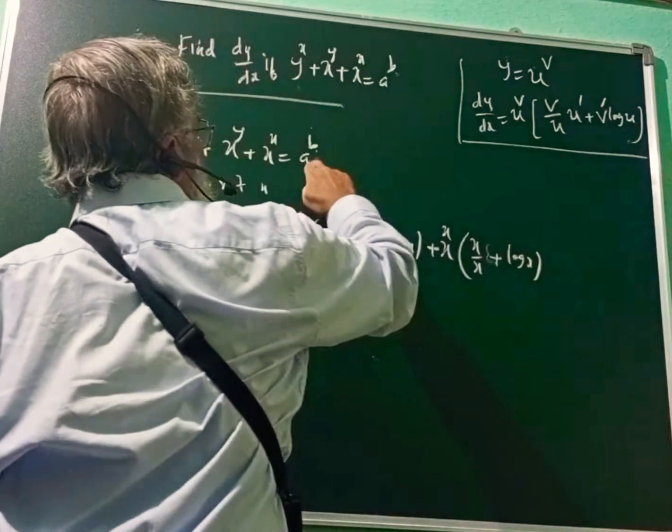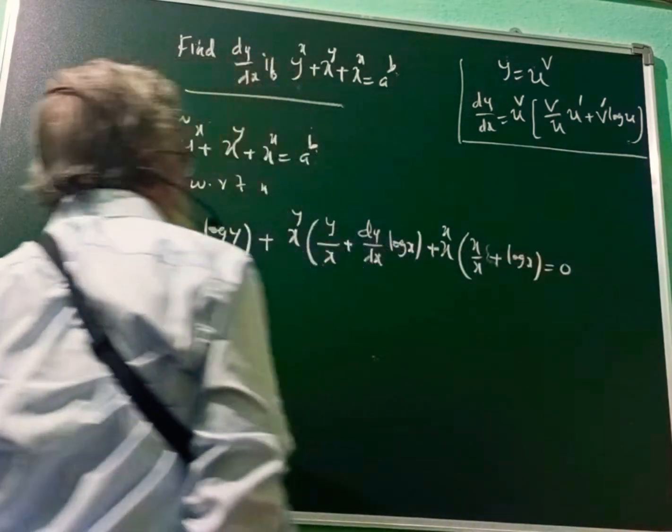And because it is a constant, the derivative of a constant is 0.